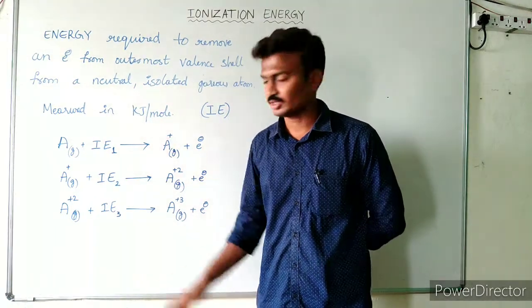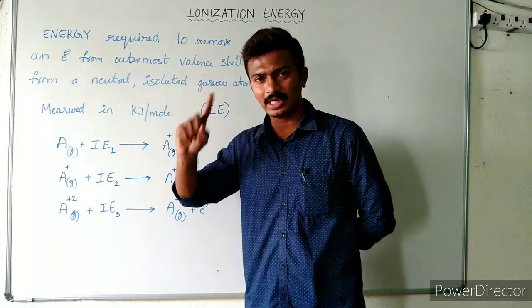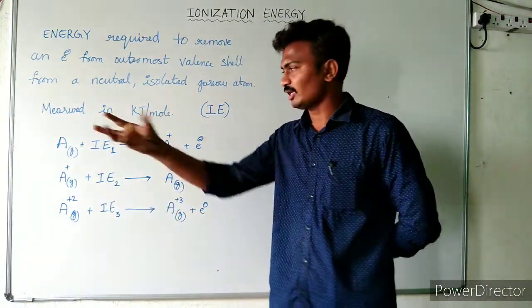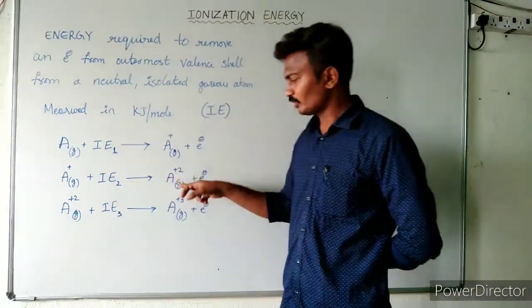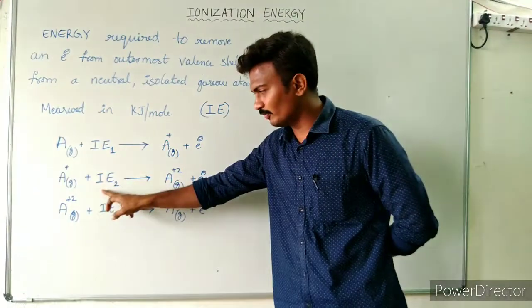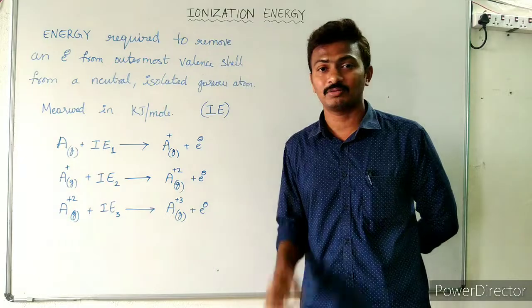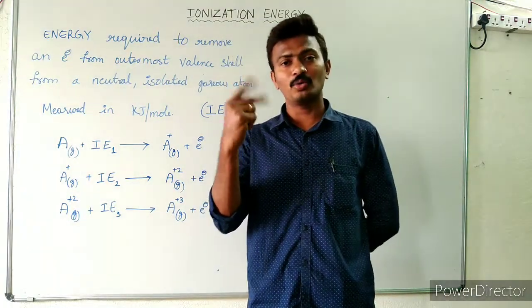I hope you have understood this. See here, we are removing the electron from a cationic species. So here, we require some more energy than from the neutral species. So you can imagine now the third ionization energy. See, already by removing 2 electrons, that has converted into a dipositive cationic species, where the number of protons are more by 2.